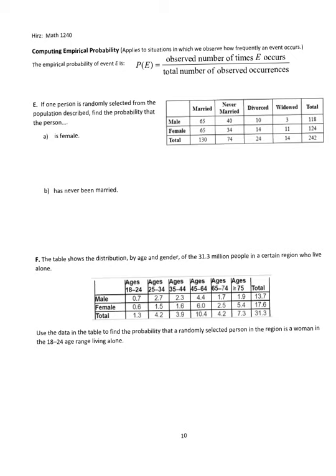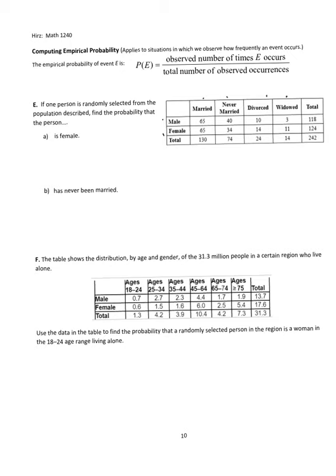The idea is the same, but for instance, I'm looking at a chart in letter E that has people categorized as married, never married, divorced, widowed, and then broken up between male and female. There's not an equally likely chance of this happening for a group of people. This is actually the data, and that's why it's empirical.